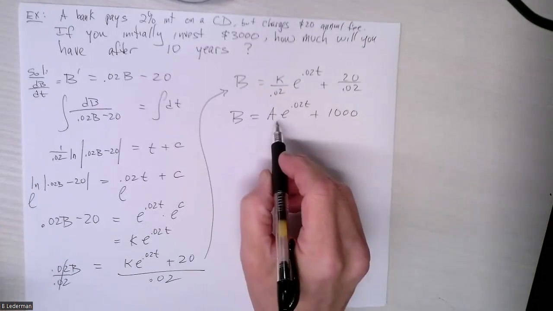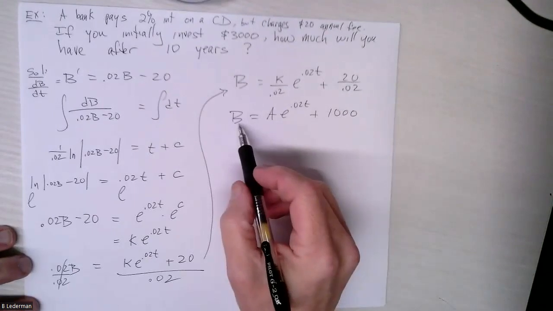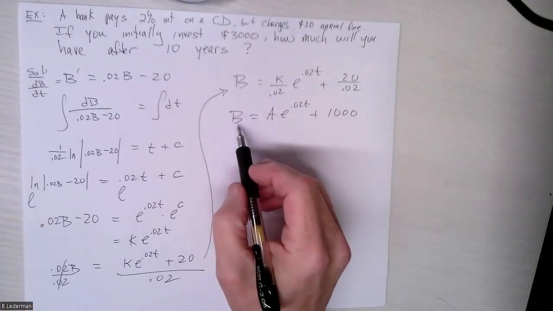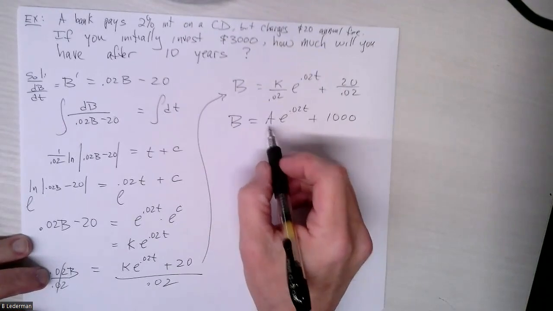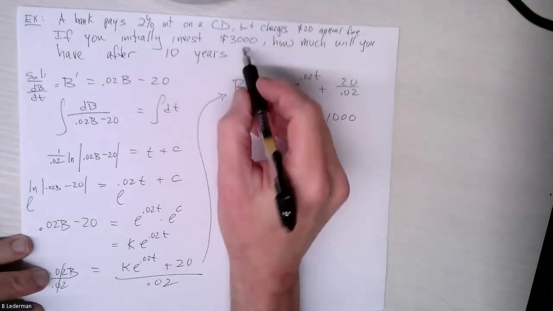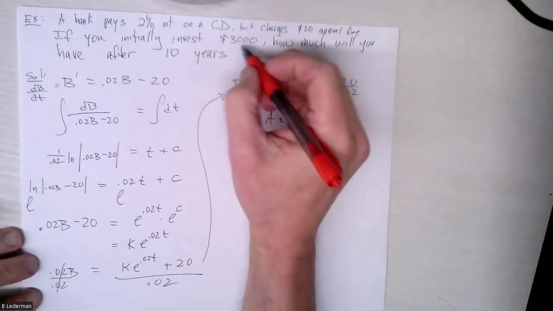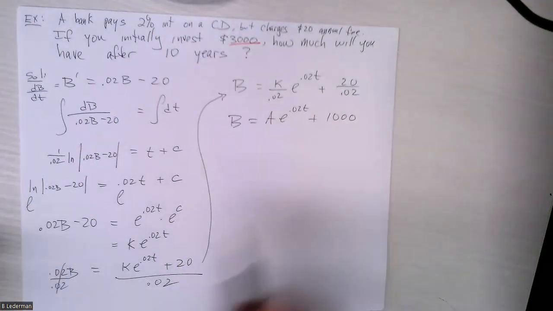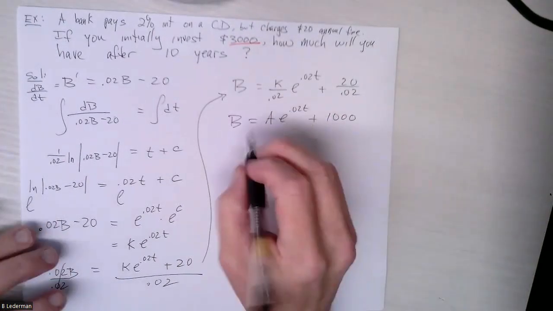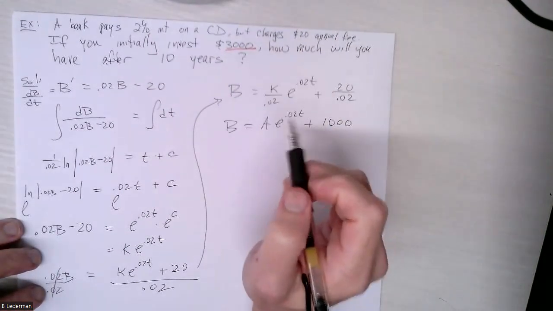Now I need to know what a is equal to, because I don't have my full formula. B is a function of time. But I need to know what a is. Well, I know from the 3,000 that when t equals 0, meaning at time 0, the balance was 3,000.